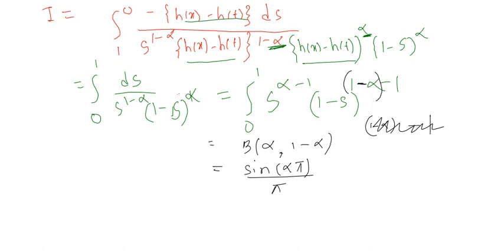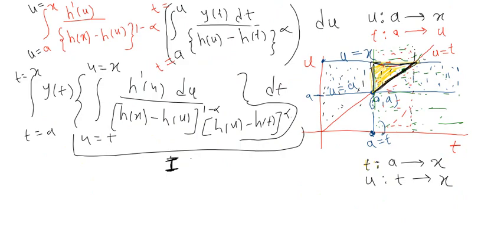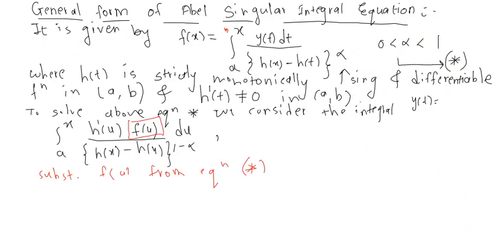I is nothing but this quantity. Okay. So now we will substitute this I here. Okay, and we have already y of t, and on the other side what we have is this quantity.